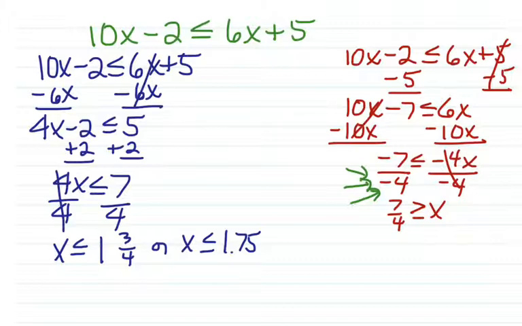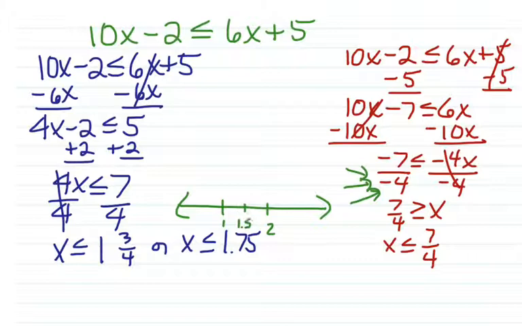Problem originally had a less than. I'm going to make it a greater than. But note, this time the x is on the right. So I can rewrite that as x is less than or equal to 7/4. That's the same thing I had in the other version of working out the problem. So it's exactly the same. As long as you're following all the right steps, you're going to get the same thing.